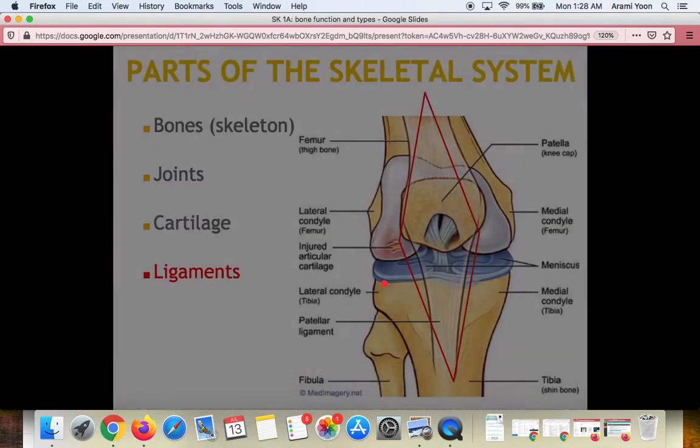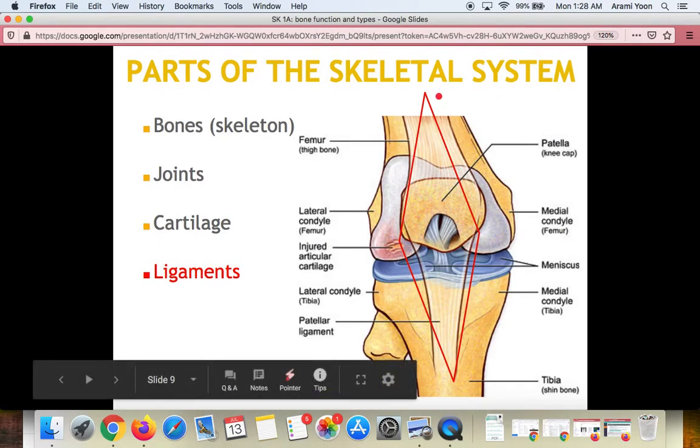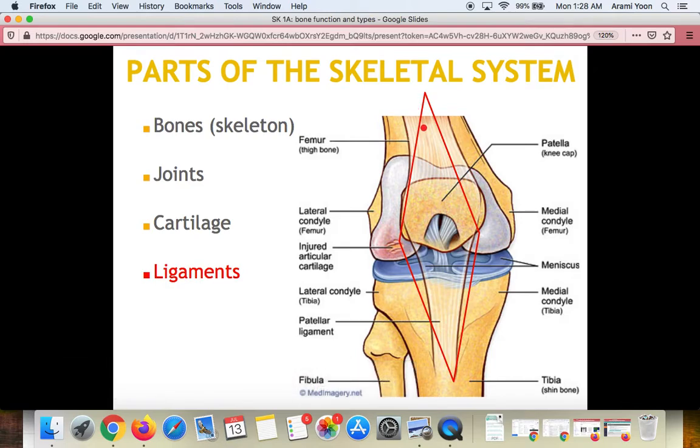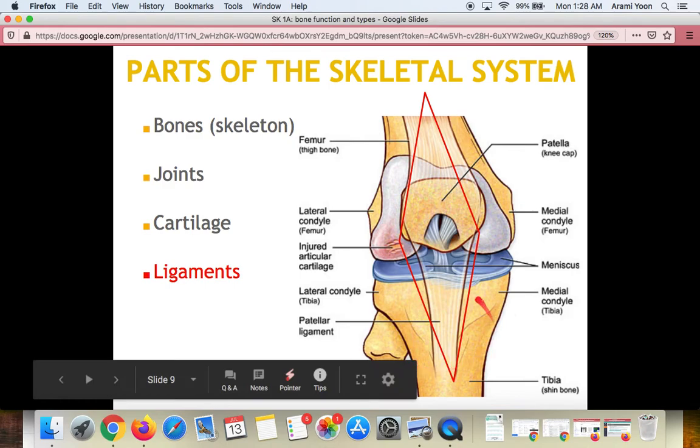And last of all, you would have the ligaments. The ligaments are this shiny white, very strong connective tissue that is connecting this bone here, which is your femur or your thigh bone, to this bone here, which is your tibia bone.